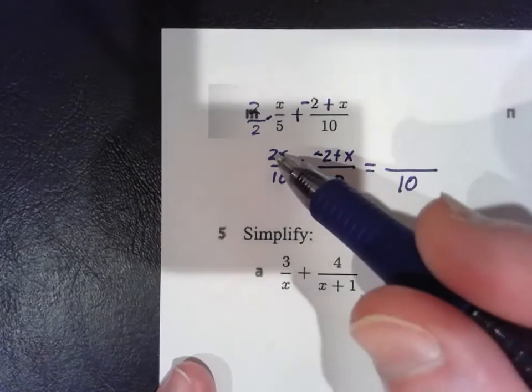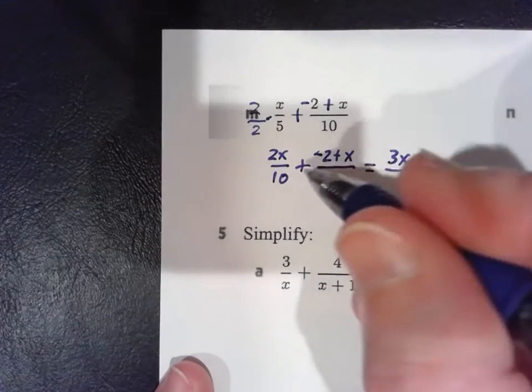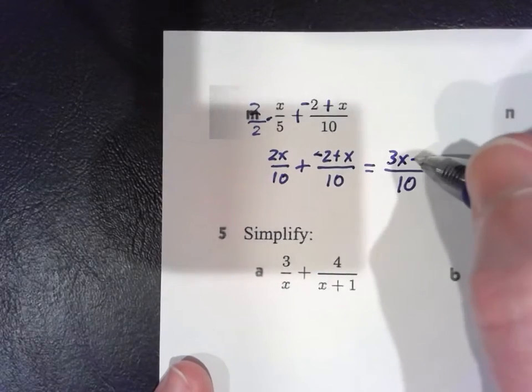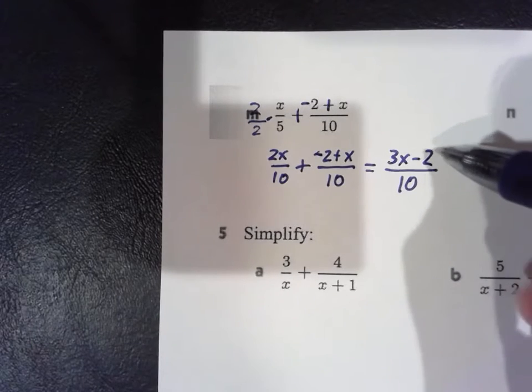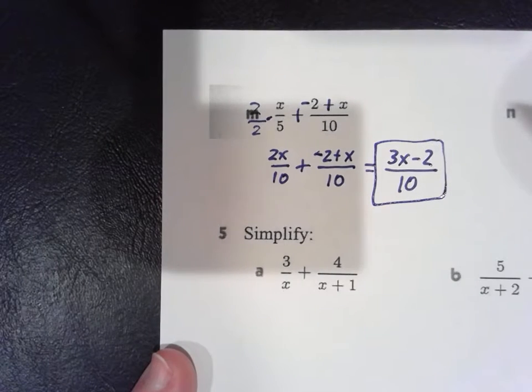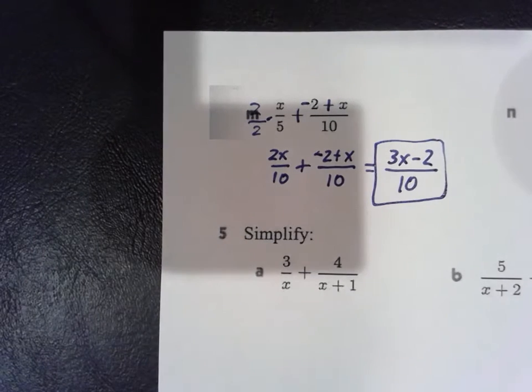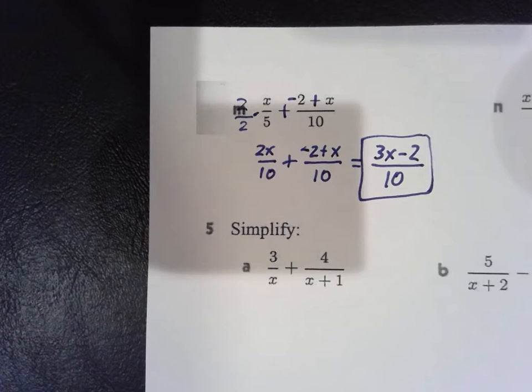Find the like terms. 2x plus x is 3x, and nothing is like -2, so we end up with 3x minus 2. I can't factor 3x minus 2, so that is the answer. Alright.